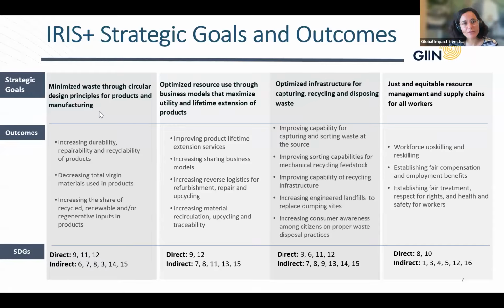So for minimized waste through circular design principles for products and manufacturing, we have identified 3 outcomes. One is increasing durability, repairability, and recyclability of products. The other is decreasing total virgin material used in products. And the other is increasing the share of recycled, renewable, and or regenerative inputs in products.